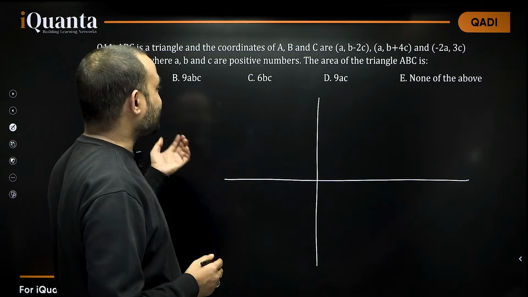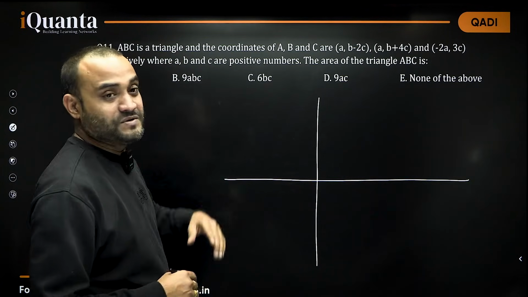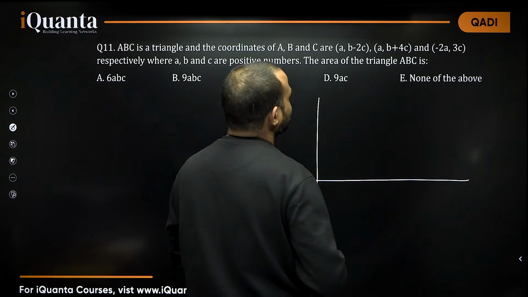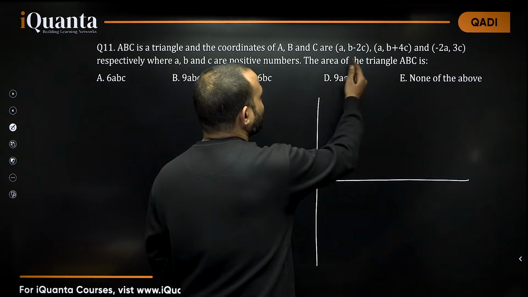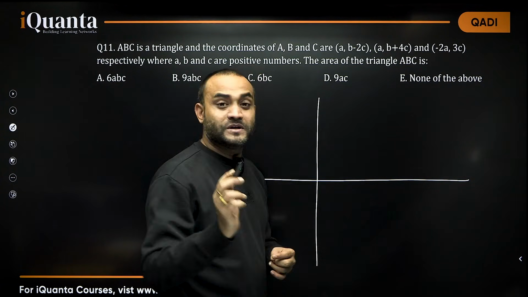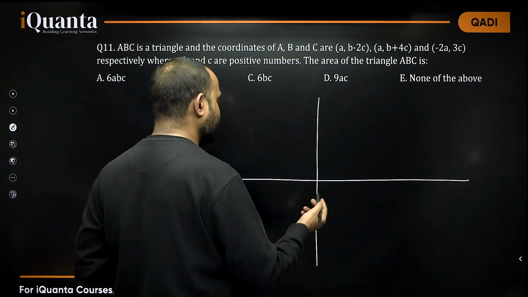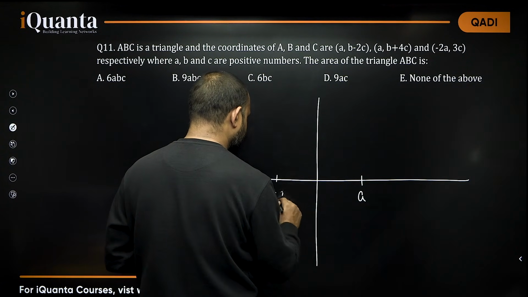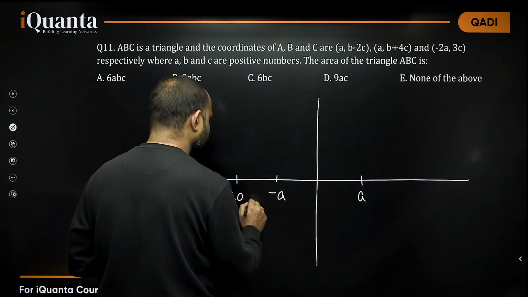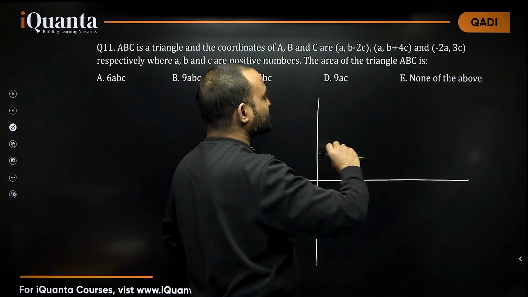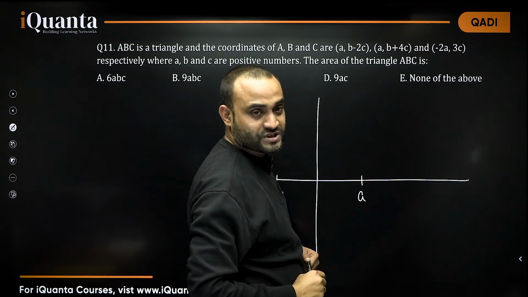Let's say that it's given already a, b, c are positive integers, and if I say that b minus 2c, whatever b minus 2c is, b plus 4c will be bigger than that, right? So if a is here, minus a is here, minus 2a is here, so b minus 2c will be less than b plus 4c, correct?